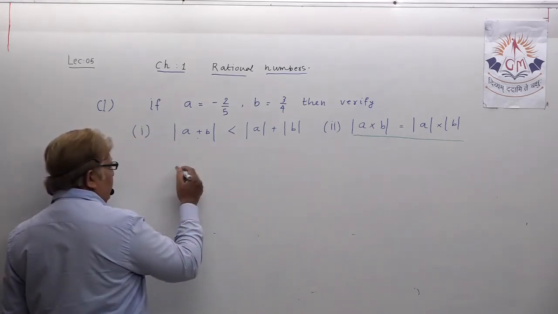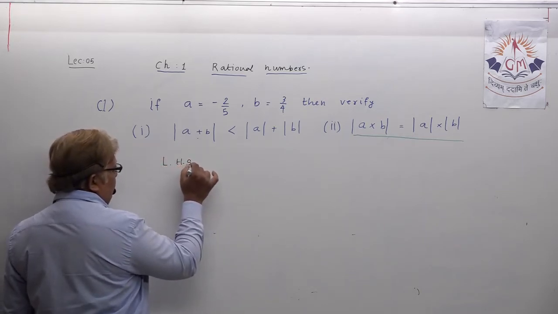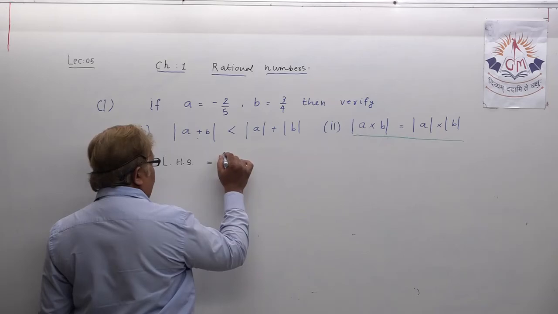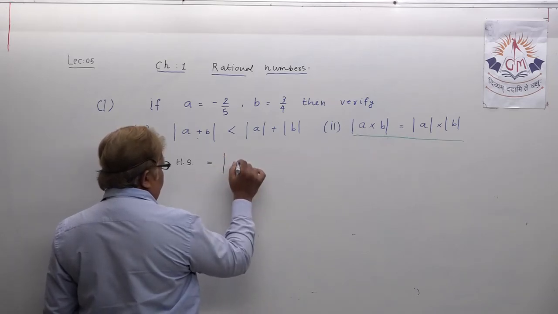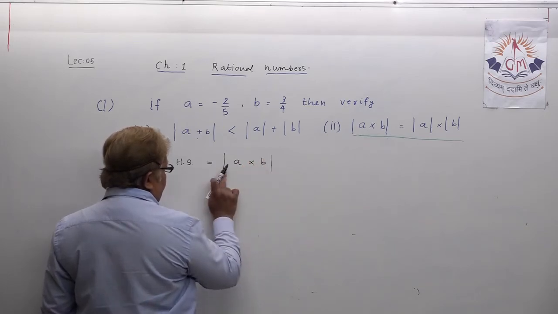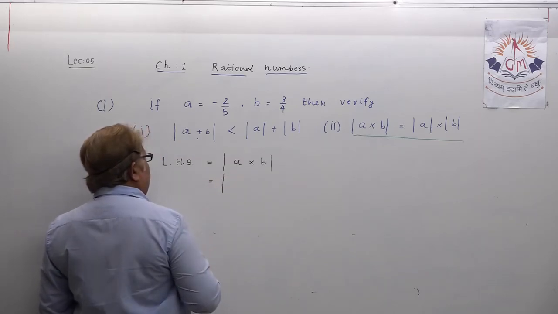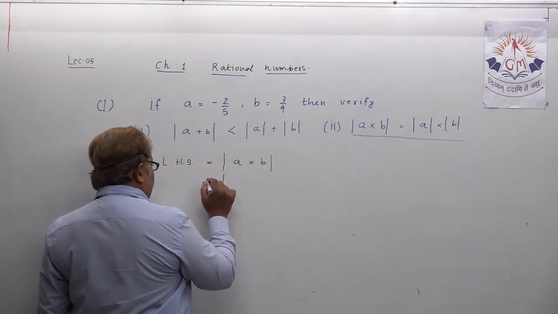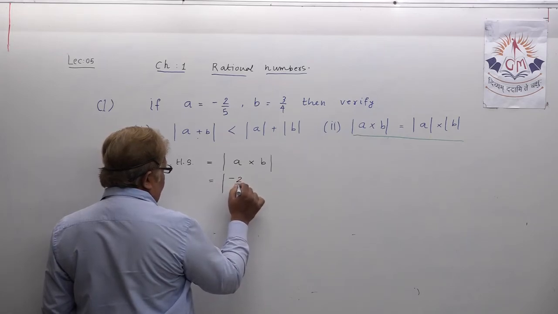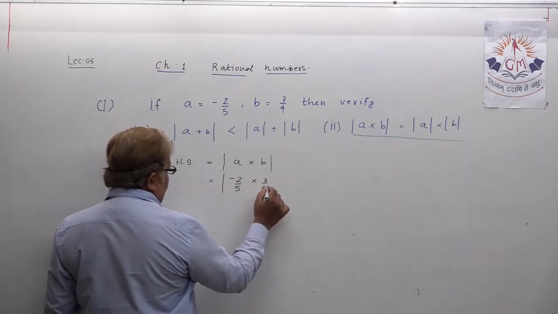First, as I told you, you will write the LHS. What is given in the LHS? Modulus a multiplied by b, a cross b is equal to, substitute both the rational numbers given to you, a is minus 2 upon 5 multiplied by b, that is 3 upon 4.